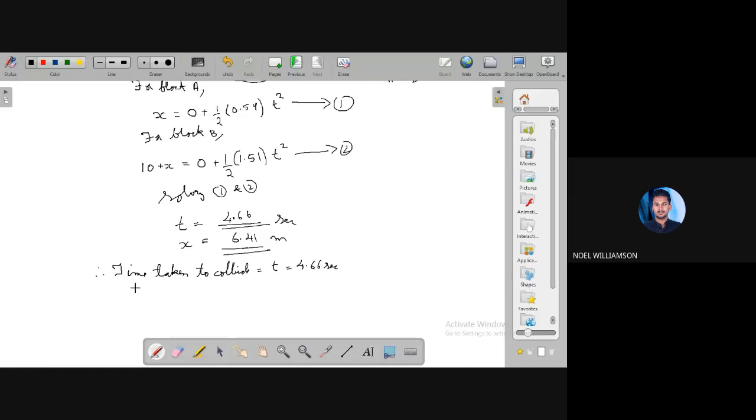Now the distance traveled by A is equal to x, which is equal to 6.41 meters, and now the distance traveled by B is equal to 10 plus x, which is equal to 10 plus 6.41, which is 16.41 meters.